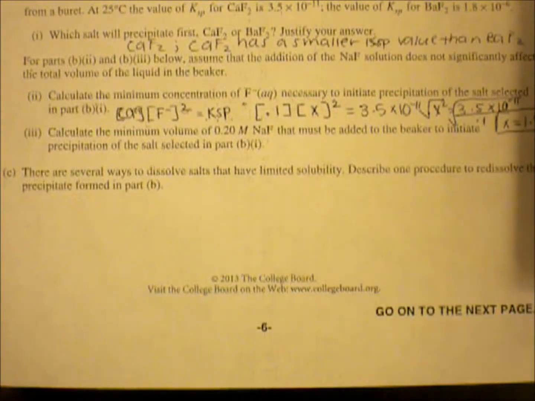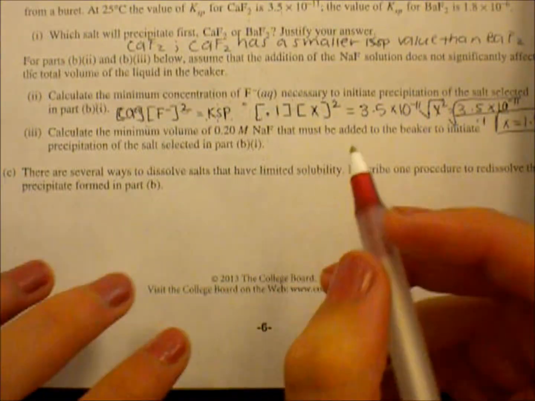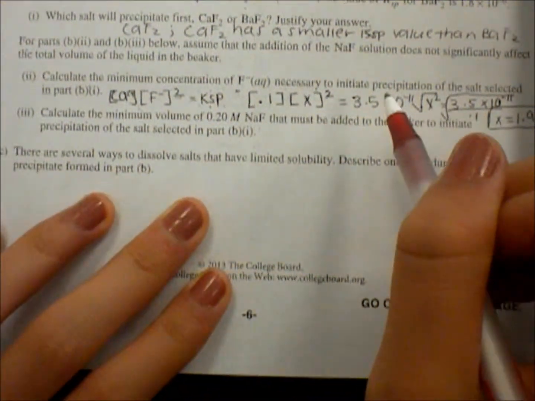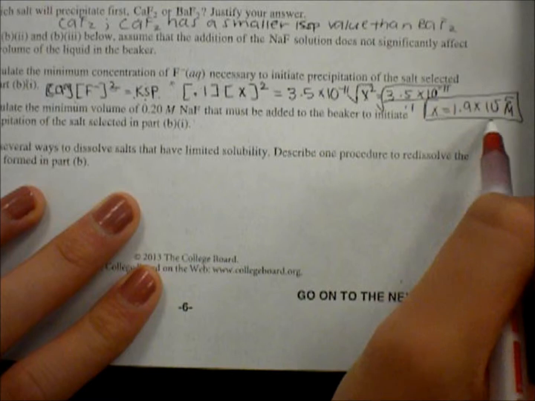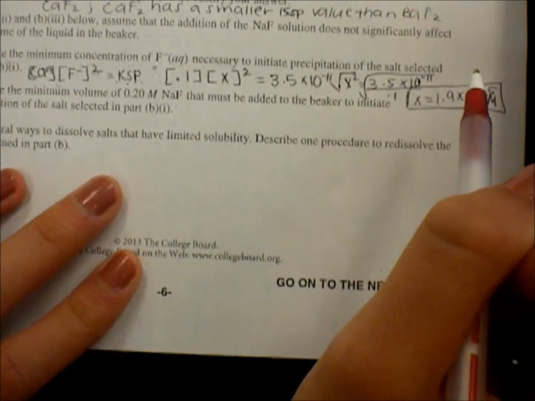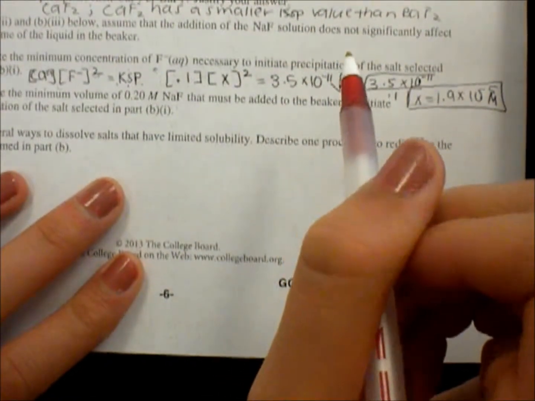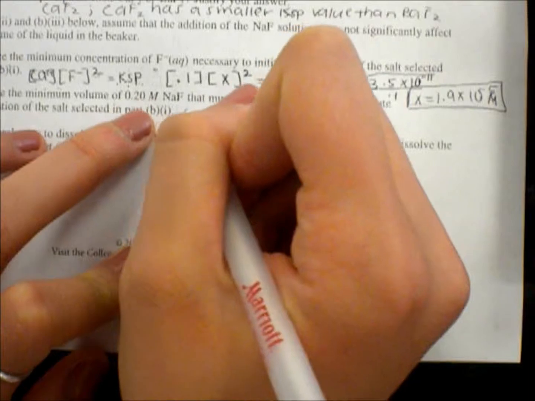B3. Here we're trying to calculate the minimum volume of 0.2 molar NaF that must be added to the beaker to initiate precipitation of the salt selected in part B1. So we have to take this molar concentration, and we're trying to find the moles. We know the liters also, so we can set up an equation.